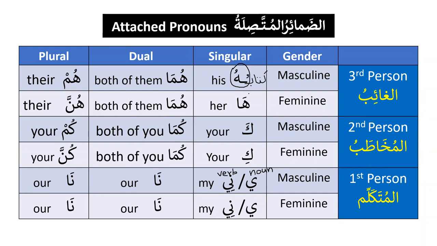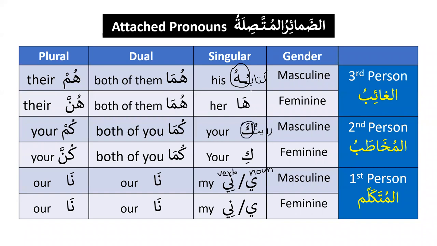Similarly, if we have the preposition before it, for example, fi, so it becomes fihi, then it becomes jar majroor. And if we have a verb before that, for example, ra'aytu, and then you say ra'aytuka, I saw you. So now in this case, they are used as object. So when they are used with the verb, they are always object.